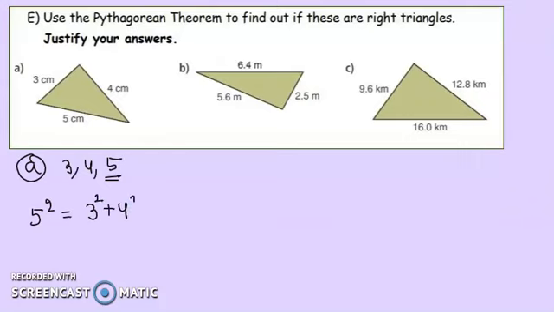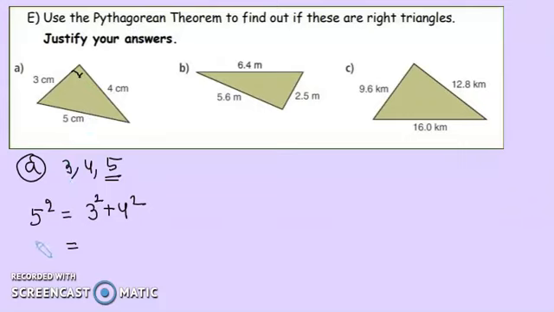So 3 square plus 4 square. The remaining sides are 3 and 4. Square them and then add them. If on both sides we are getting the same value, that means the triangle is following Pythagorean theorem and the angle is 90 degree. So this angle will be the 90.